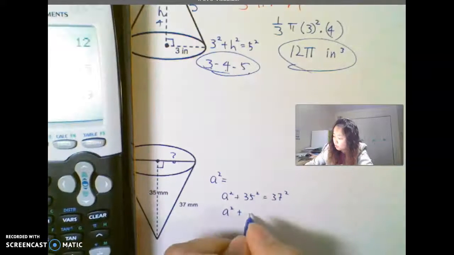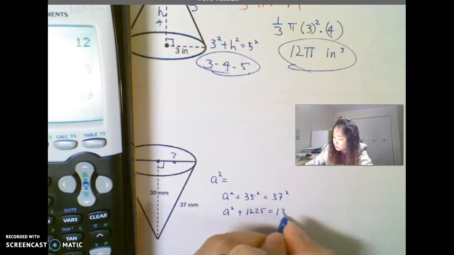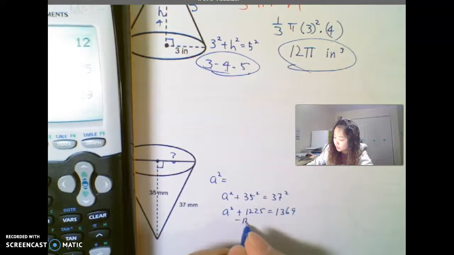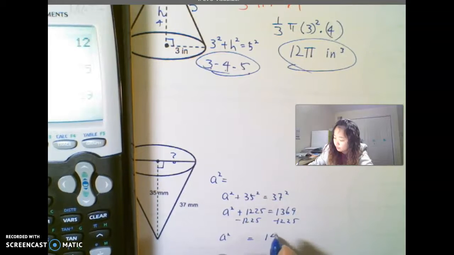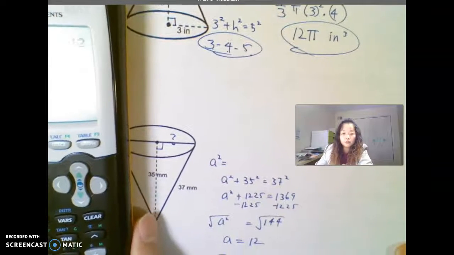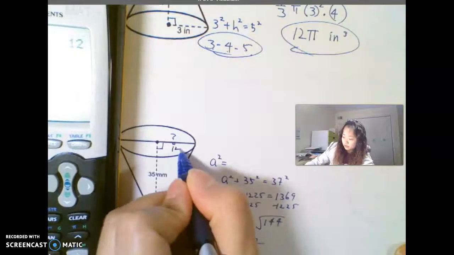I got 1225 plus a squared equals 1369. Subtract 1225, subtract 1225. A squared is 144. Take the square root, take the square root. A is 12. Oh, sorry. So I got 12 for the radius.